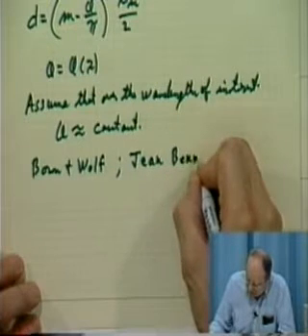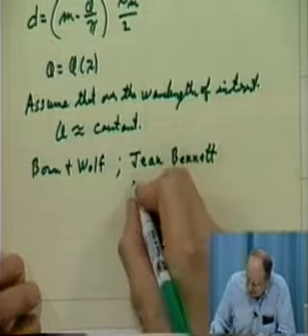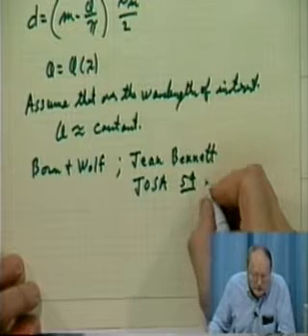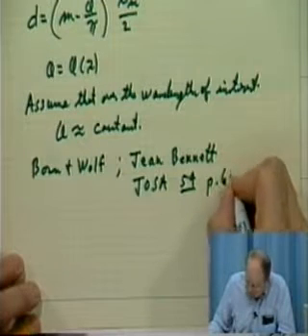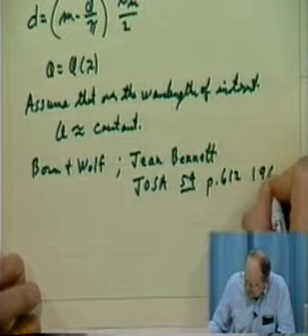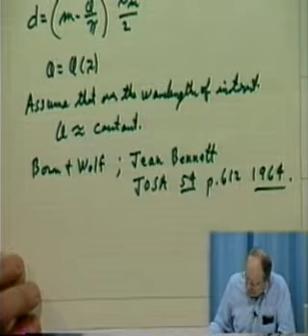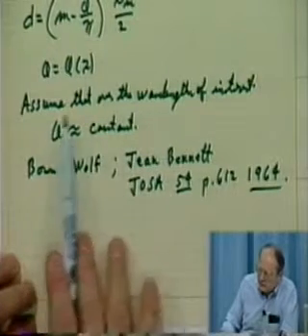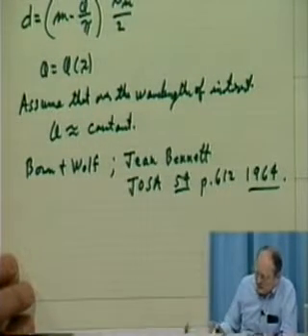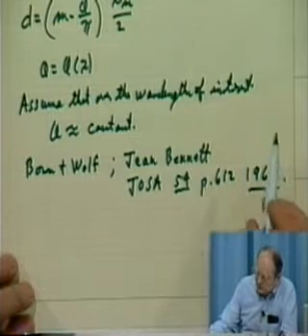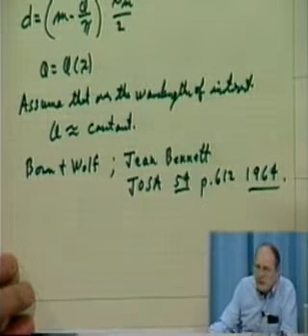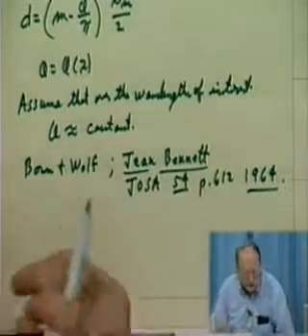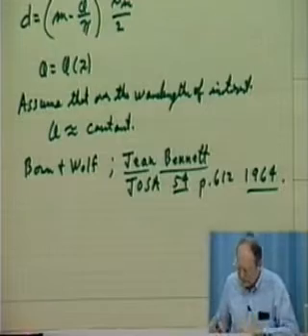It's an old article in JOSA, volume 54, page 612, 1964, where she goes through and shows how to handle this if phi does vary with wavelength. And I wanted to mention this because there are some authors out there where you want to read everything they publish, and Jean Bennett is one of them. She has done some very, very excellent work during her career.